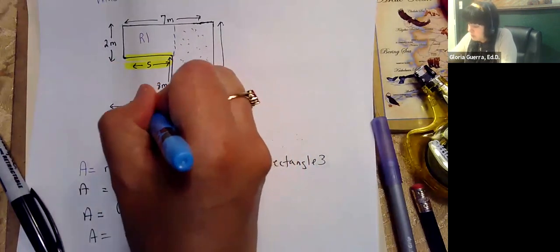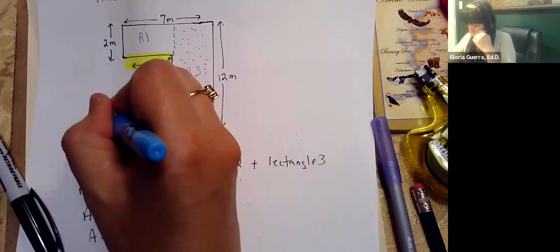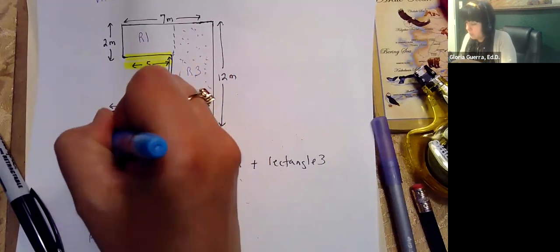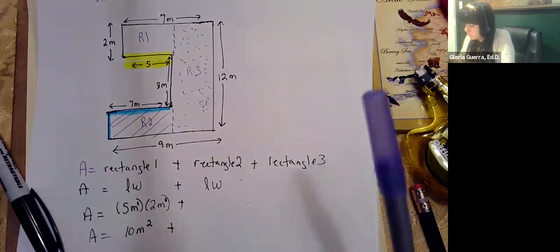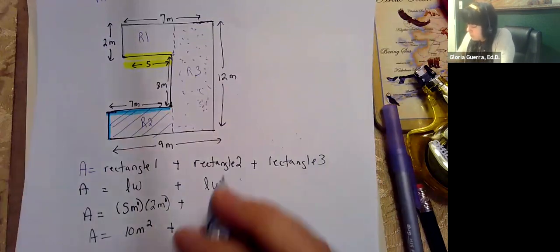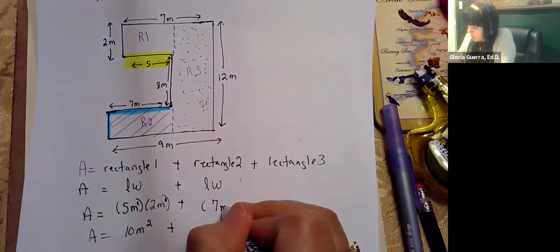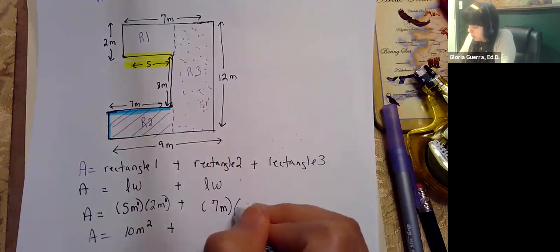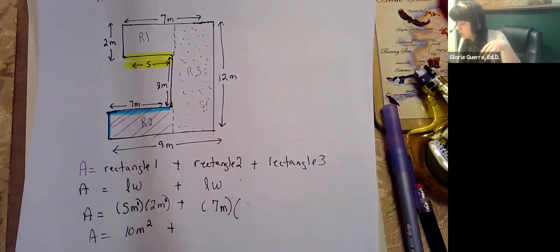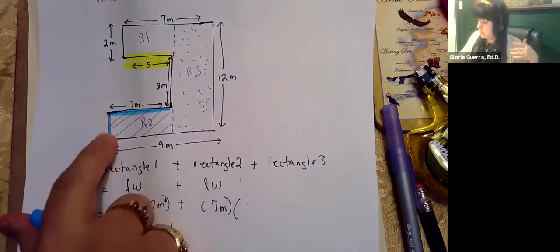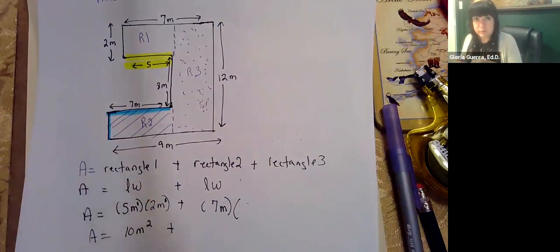So my length is 7 meters. And then my width for rectangle 2 is this number here, let's see, we can get that one.